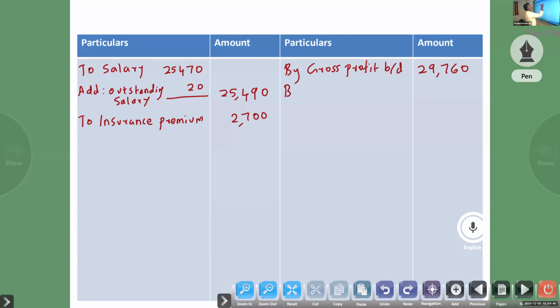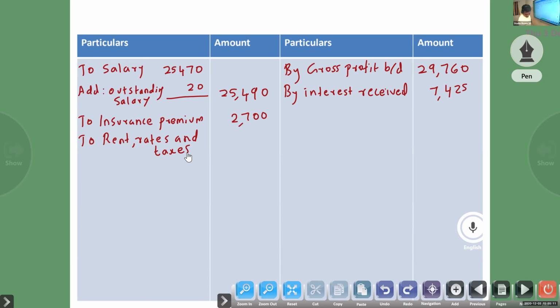By interest received, 7,425. Next, rent, rates and taxes. No adjustment there. To rent, rates and taxes 2,160.